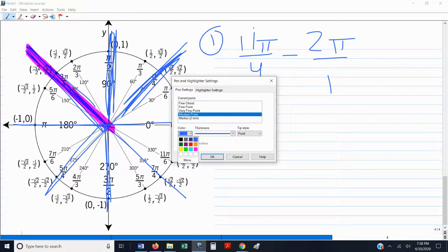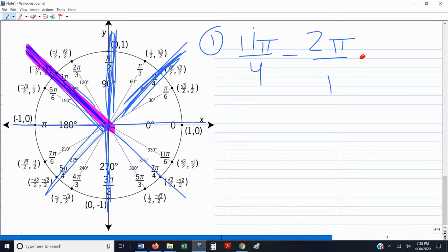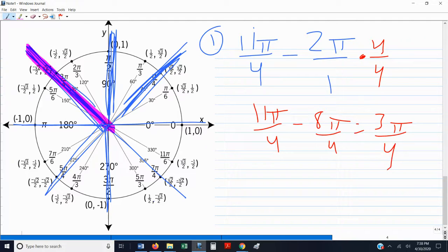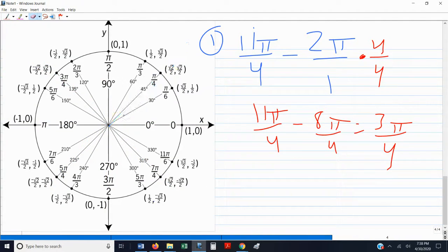The common denominator here is going to be 4. So you've got 11 pi over 4 minus 8 pi over 4, which is 3 pi over 4. Where is 3 pi over 4 on the unit circle? I'm just going to take out some of the markings that were covering it up, but 3 pi over 4 is right there where we had found before.